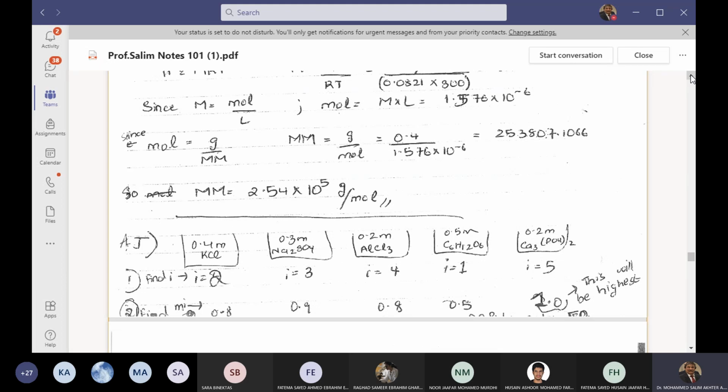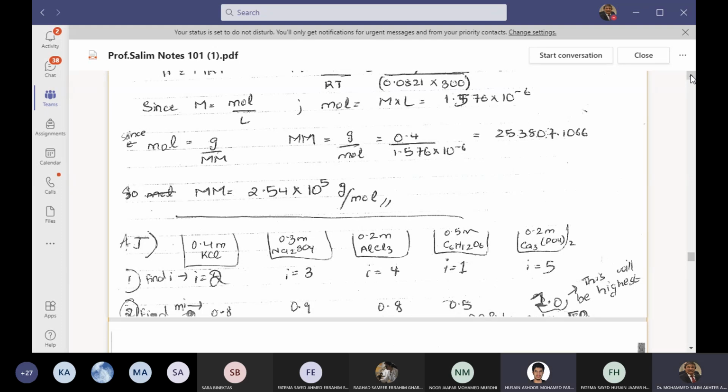Instead of asking molar mass, he's asking what is M. Okay, which formula are you going to use? Which formula am I going to use? Which formula are you going to use, my friend?